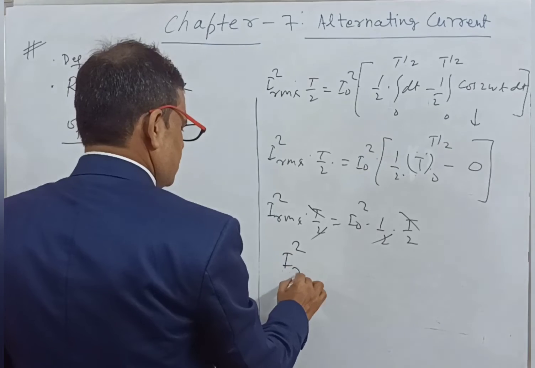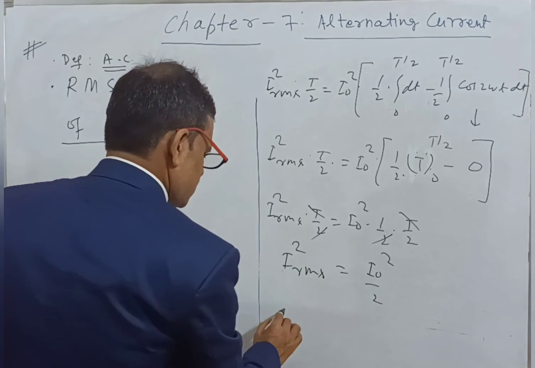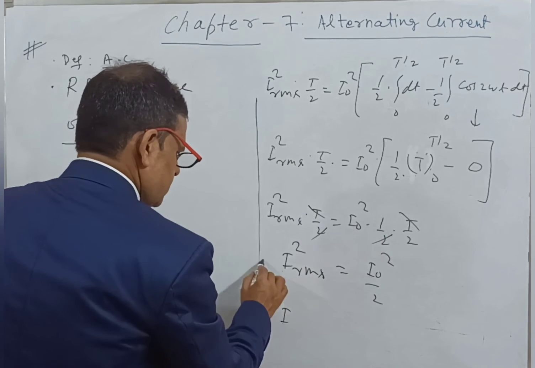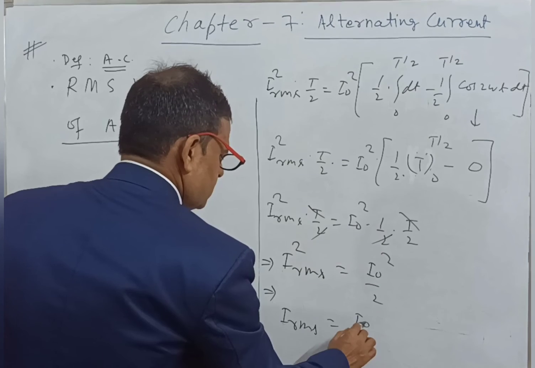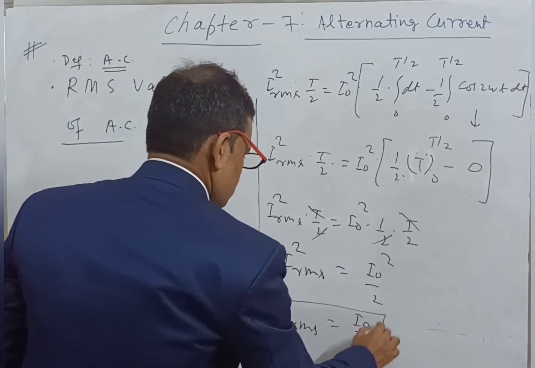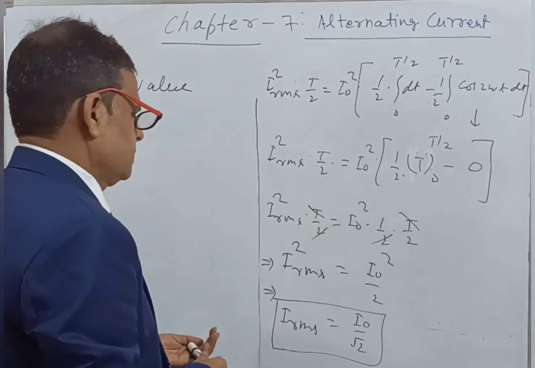Now I RMS square is equal to I naught square by 2. Therefore I RMS is equal to I naught by root 2. This is the formula which we wanted to calculate.